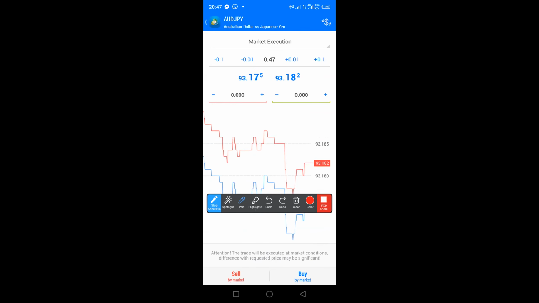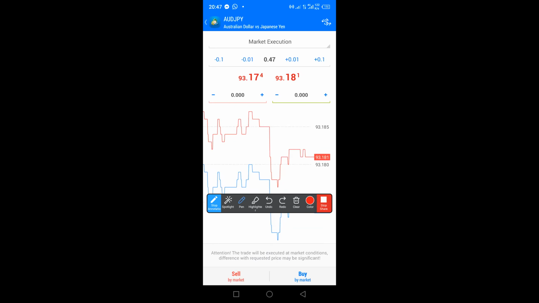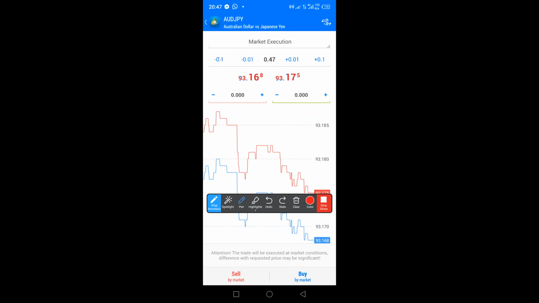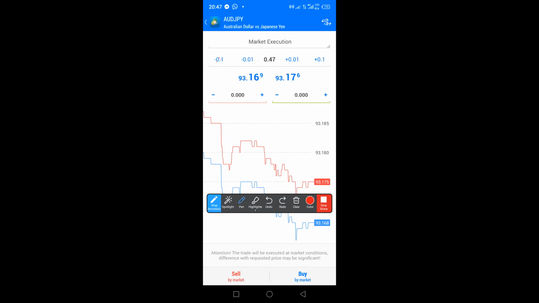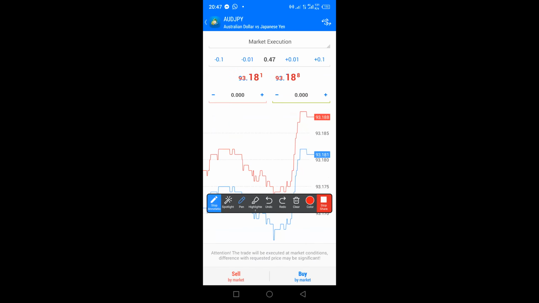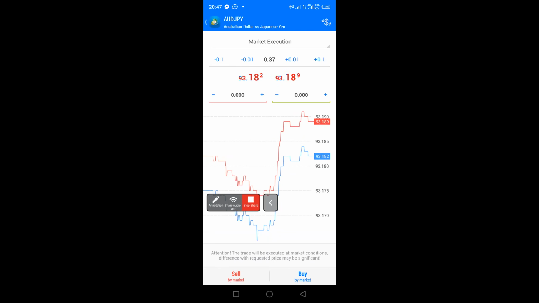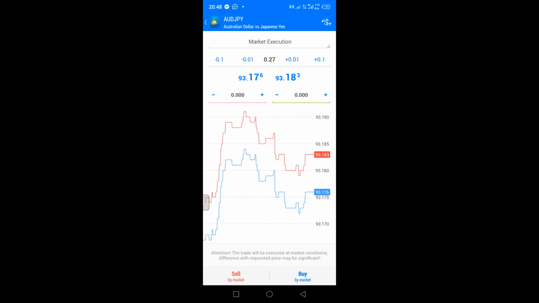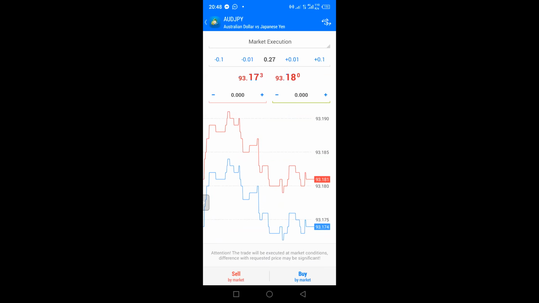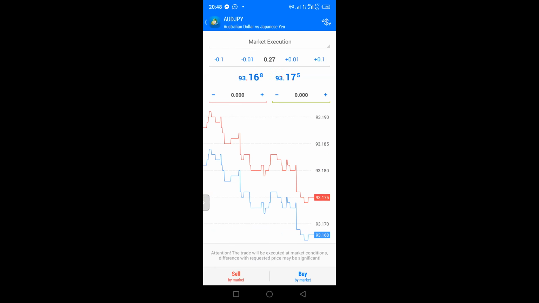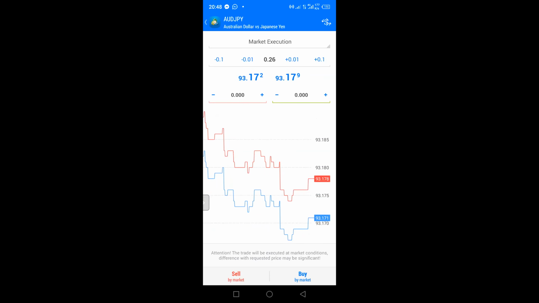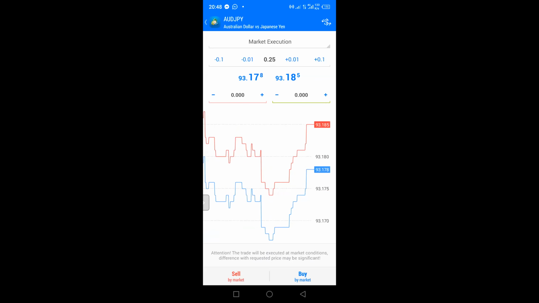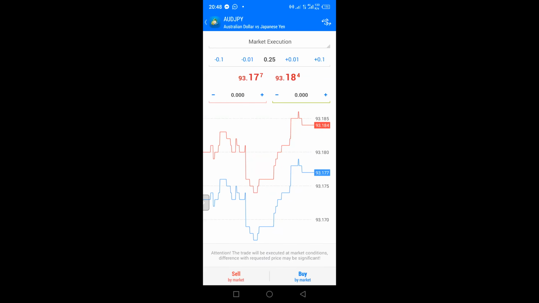I'll keep clicking on them until it takes me to 0.25. So I'm going to click on negative 0.1 once. Once I click on it, it reduces this to 0.37, right? If I click on it one more time, it reduces it to 0.27. So now I need to take out 0.02. So I'll go to negative 0.01 and click it once, twice. Now I'm at 0.25. You see that?